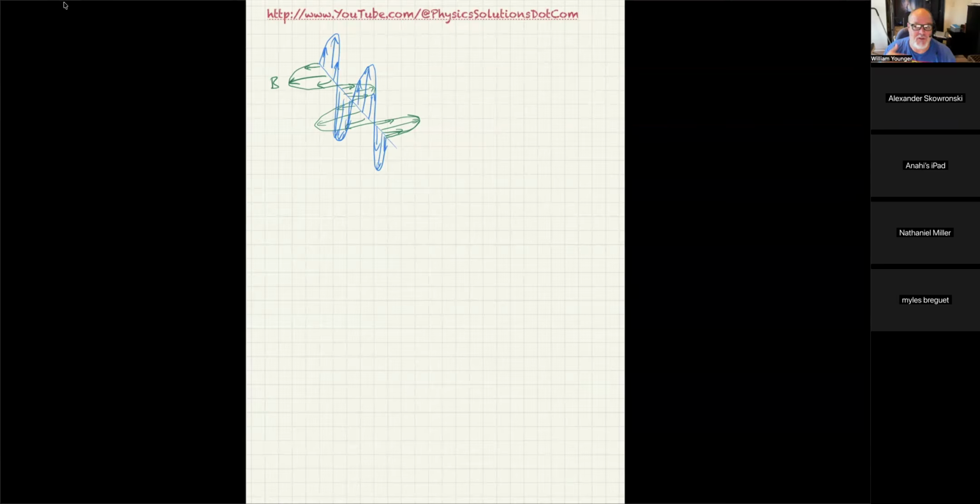Then what you have is horizontally polarized light bouncing off the ocean surface or the pond surface.